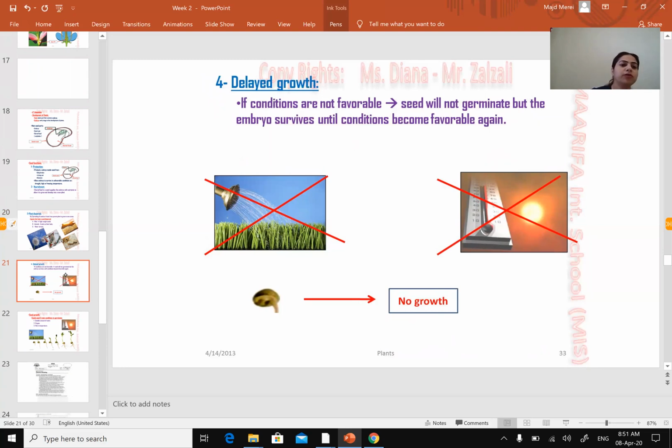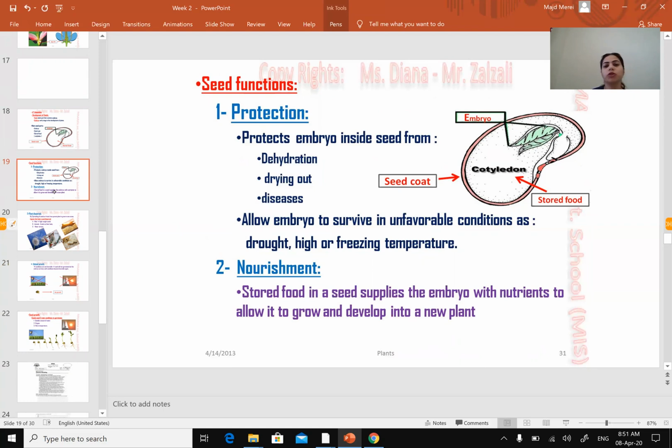Let's start with the first function of seed, which is protection. The most important part of the seed is what? Is the embryo, because this embryo will make the smaller plants, will grow to form the root, then the shoot. So to protect the embryo, it is surrounded with what?